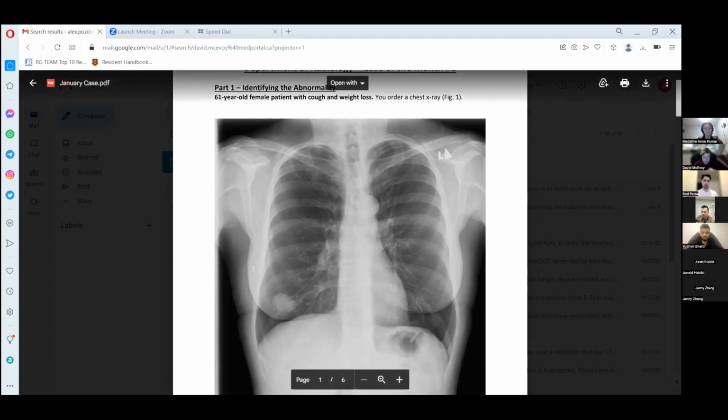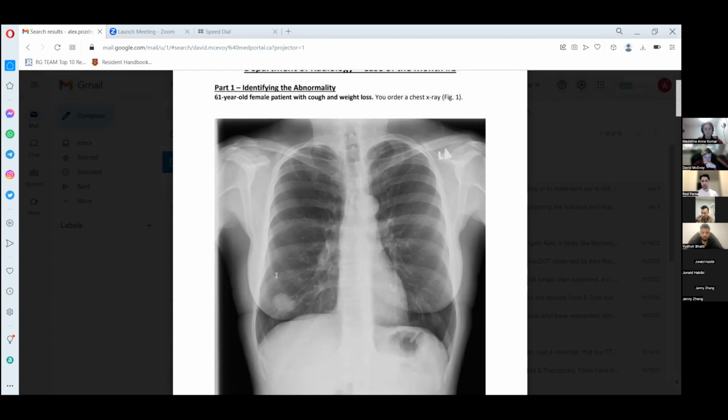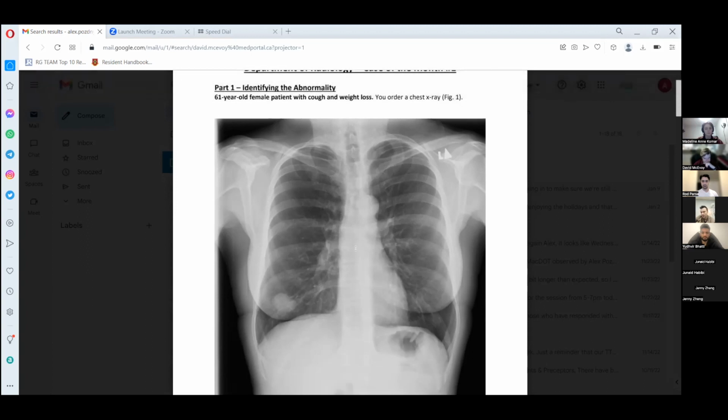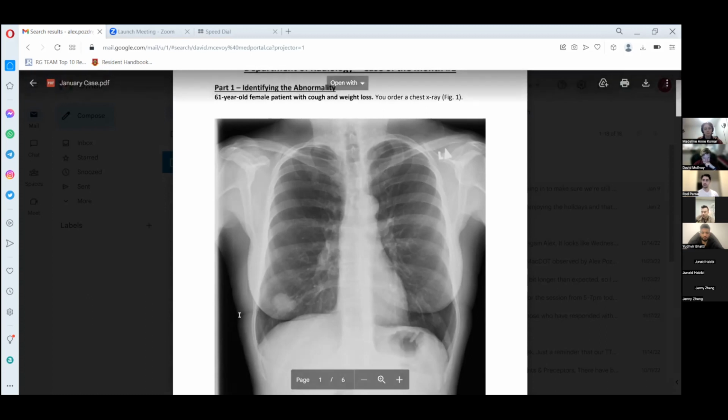For example, here we can appreciate that this patient has prominent breast contours. So this could be a female patient or a male patient with gynecomastia. We can clearly see that there are some soft tissue structures that you can notice. Also, there's a skin fold here as well. So those are important to note.